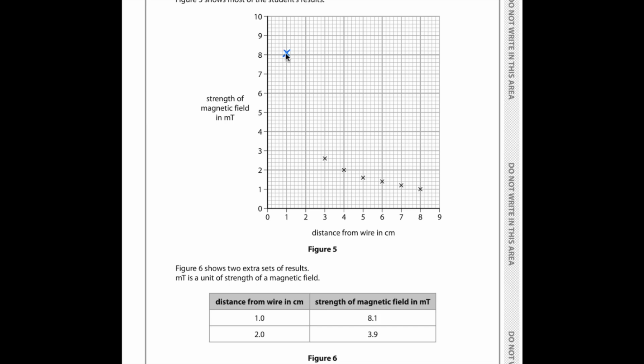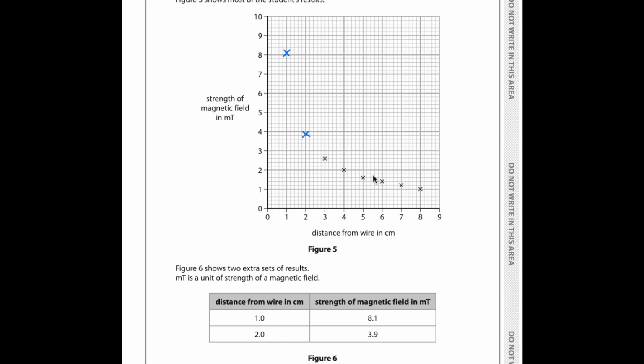So it's going to be in between the first 2 divisions. Right, distance from wire 2 centimetres, and it needs to be 3.9. So distance 2 centimetres and 3.9 will be right there. So we'll do our crisscross, so it's like that.